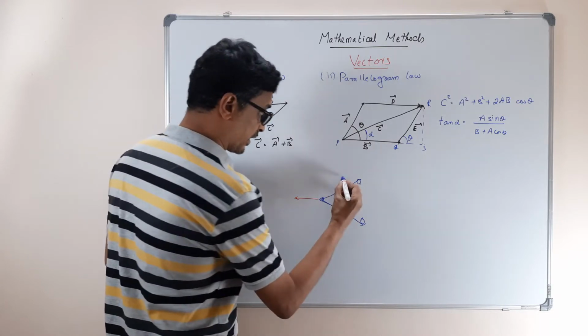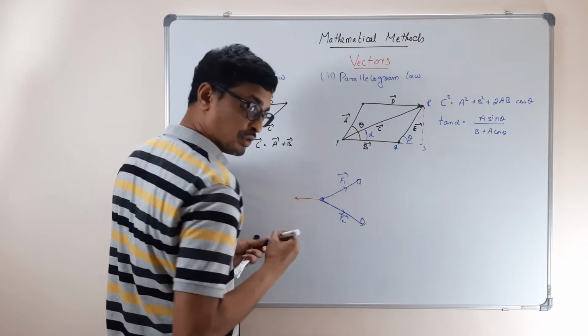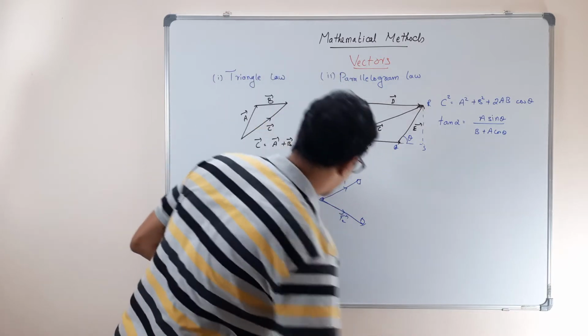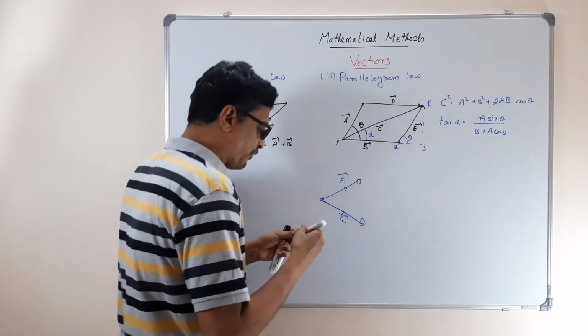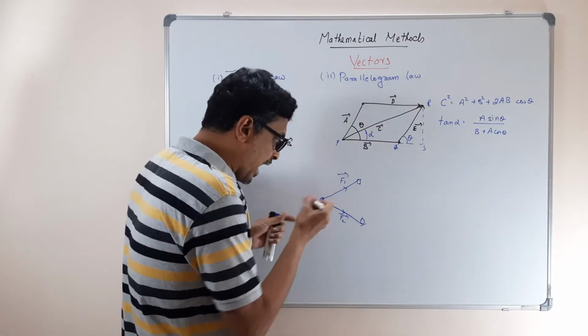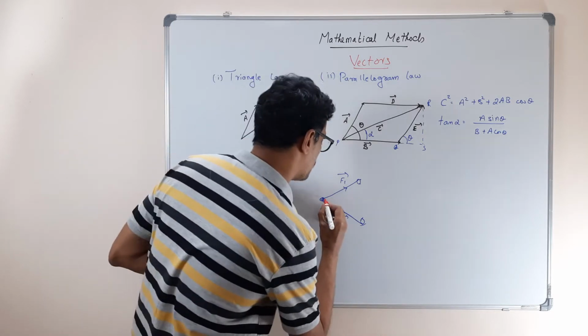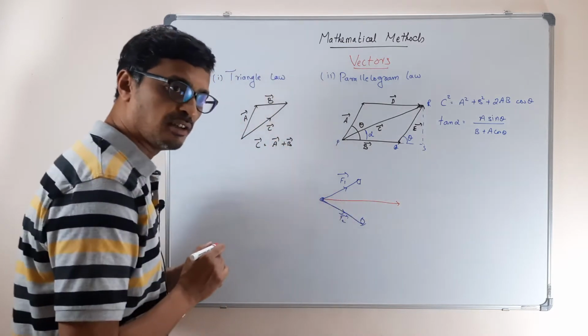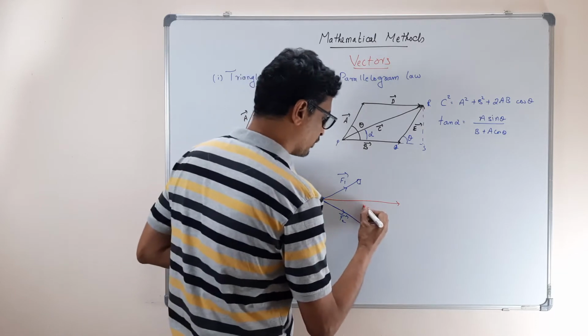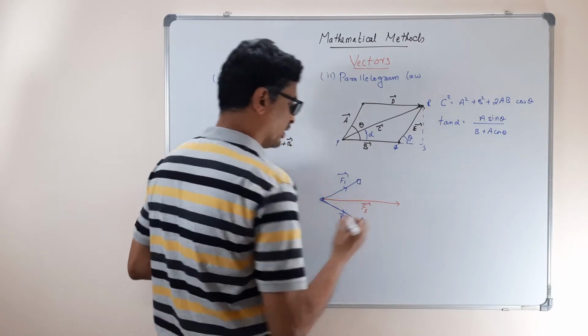Now these are all vectors. When I leave this stone, leave this hand, there will be a force which is going to act on this stone, which is going to make the stone move along a direction, correct? So let me call that F3.